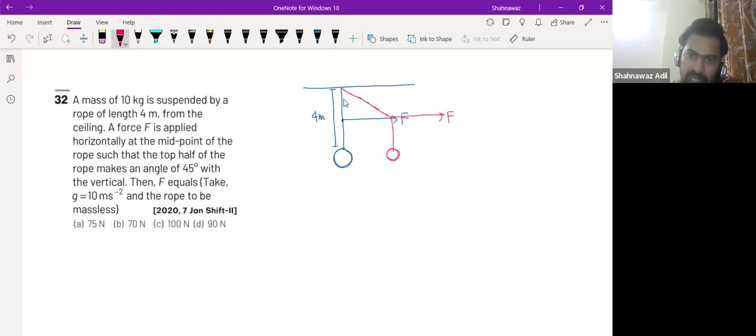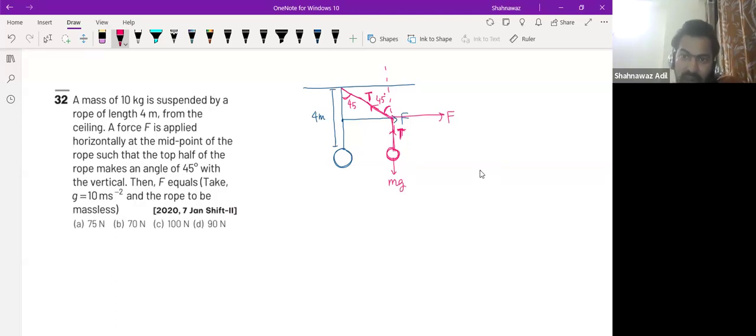And this is making an angle of 45 degree. This is the rope, so it will experience a tension. So this is the tension, and this is the tension, and this is mg.